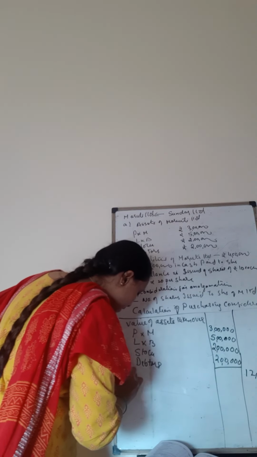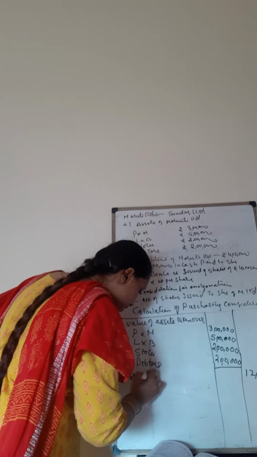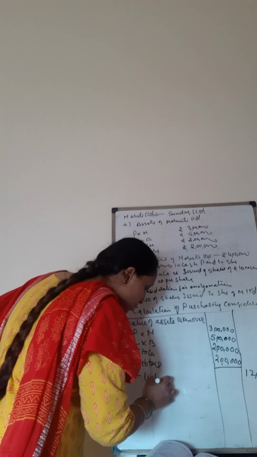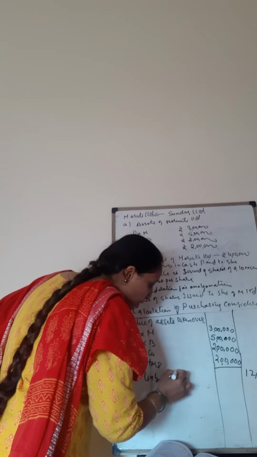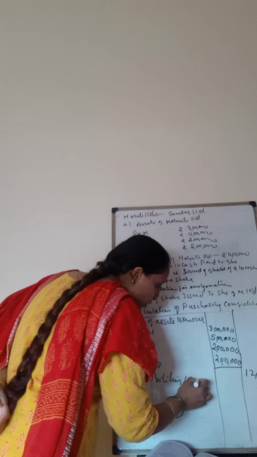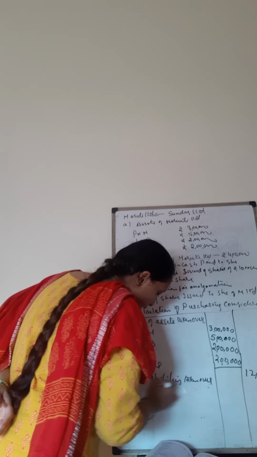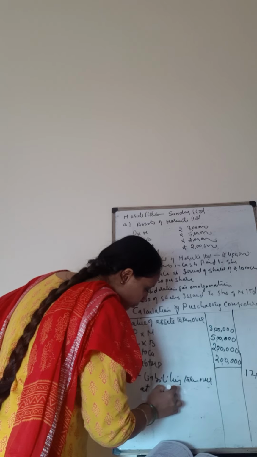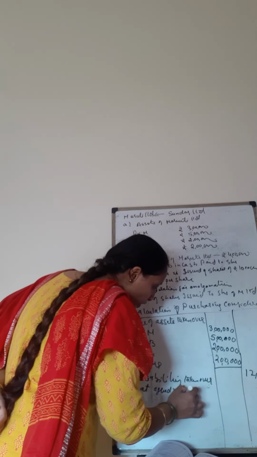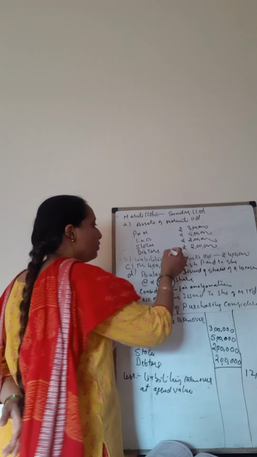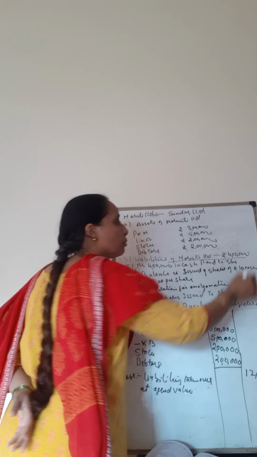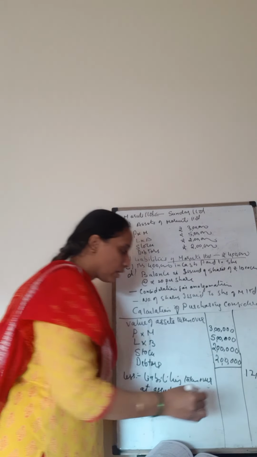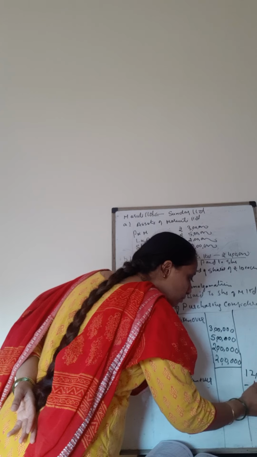Less liabilities taken over at agreed value. How much is the liability they have given? The liability of Maruti company is rupees 4 lakh, minus 4 lakh.